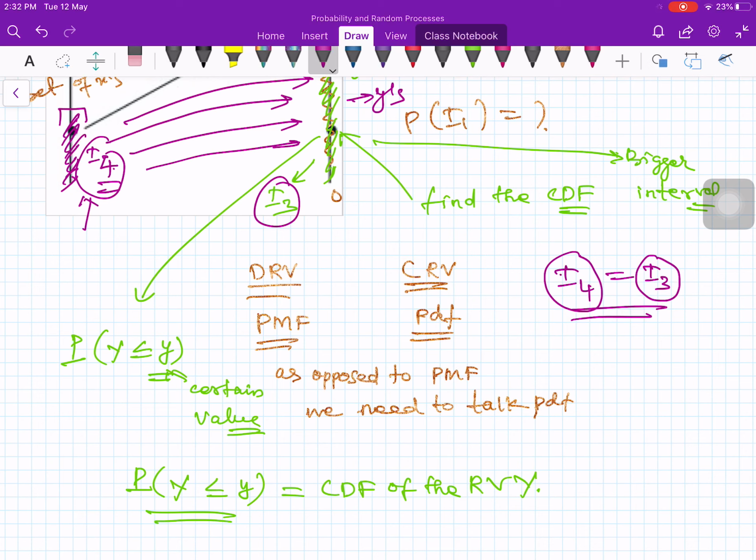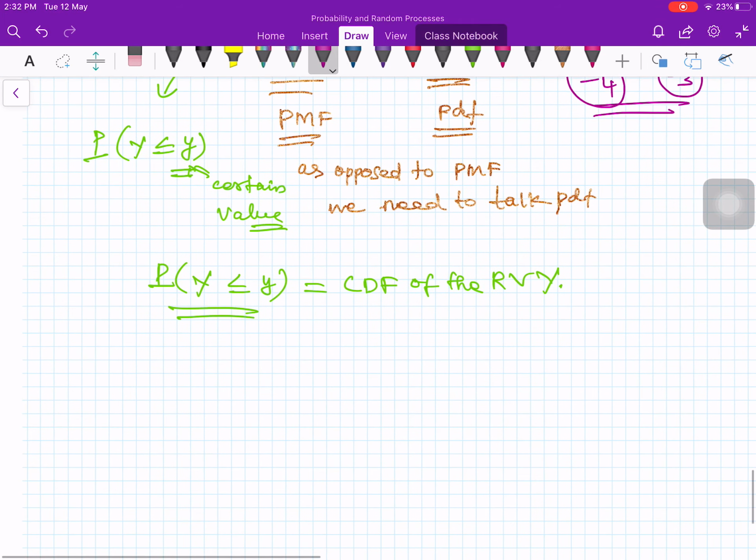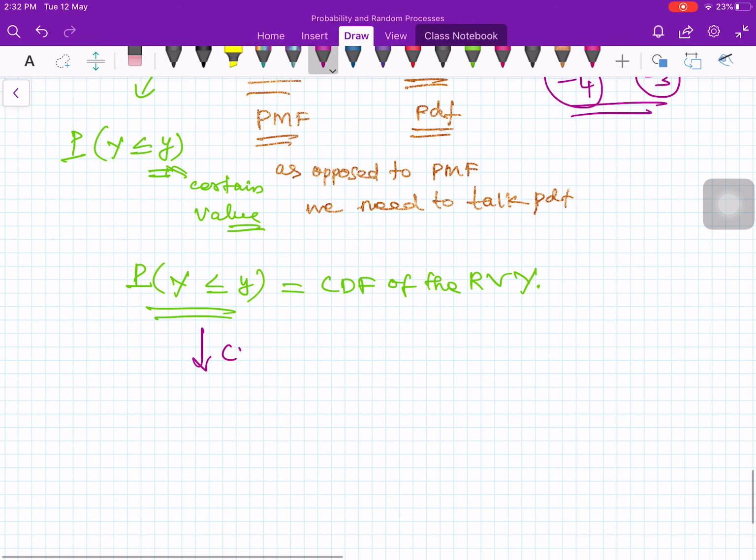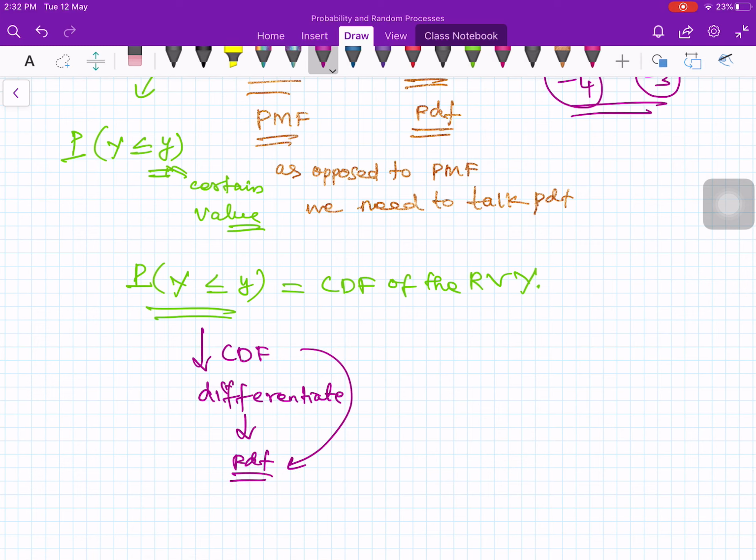Then I do the calculations at I4, and I end up getting the cumulative distribution function of capital Y. Once I have the CDF, I can get the density function by just differentiating. So CDF to PDF is obtained by differentiation.